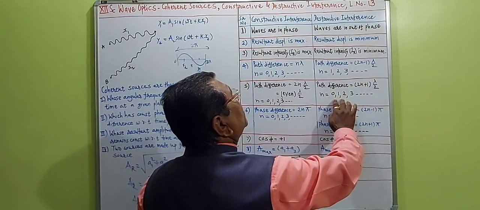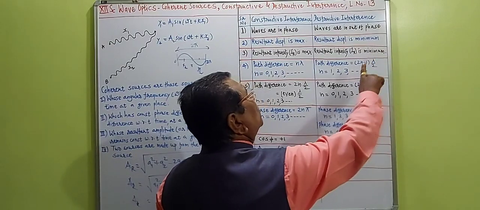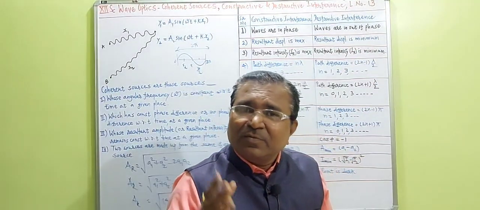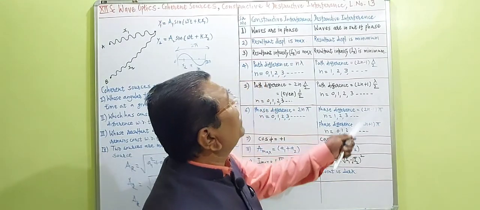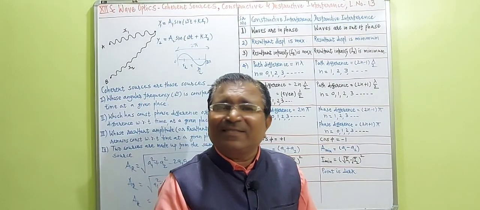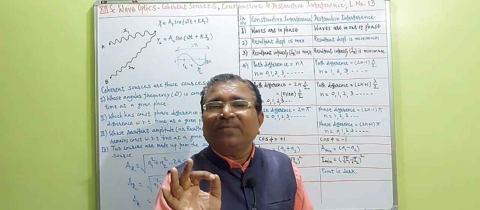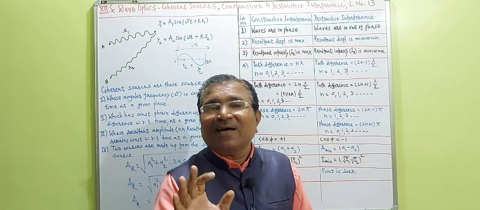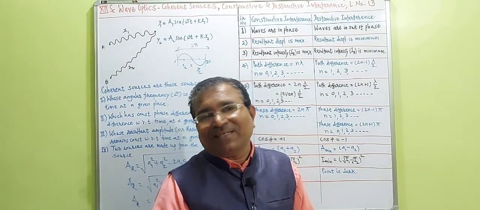In both the formulae we get 1 lambda by 2, 3 lambda by 2, 5 lambda by 2, 7 lambda by 2, 9 lambda by 2, that is 1, 3, 5, 7, odd multiple. And this lambda by 2 is nothing but half the wavelength. If the path difference is odd multiple of half the wavelength, then the point is dark and the interference is destructive interference.